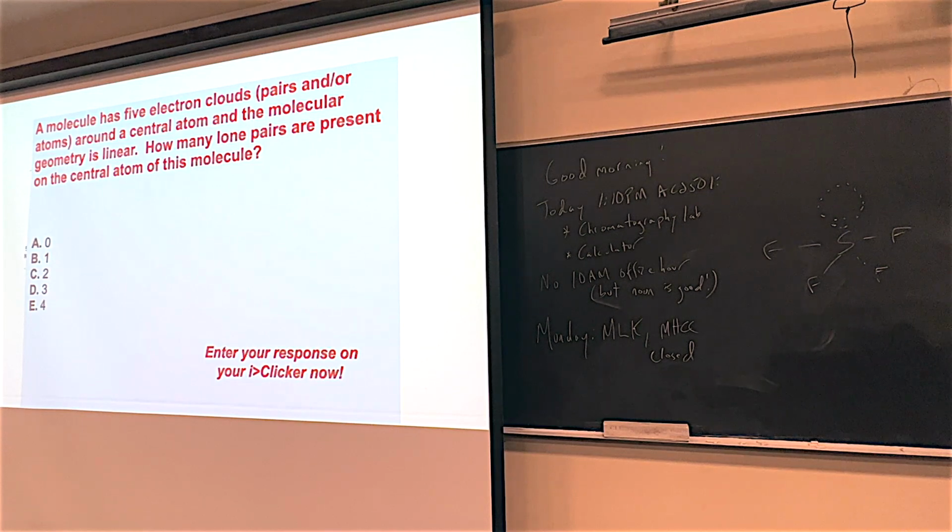Now, Aiden just noticed, which was really cool, that with so many lone pairs, you did end up with a linear molecular geometry. And the question is, how many lone pairs are present? Well, on a trigonal bipyramid, you've got up and down, and in the middle, you've got a trigonal planar, all right? If the molecular geometry is linear, that means the up and the down parts are actually atoms.